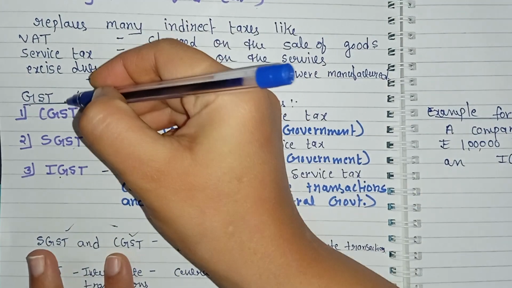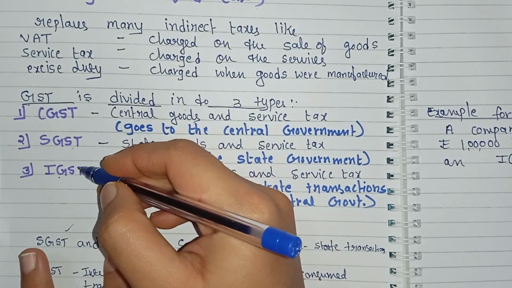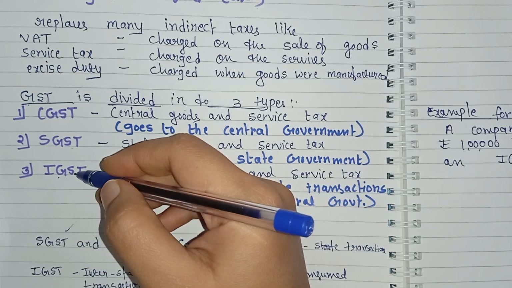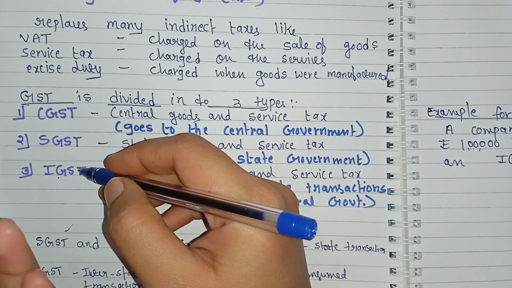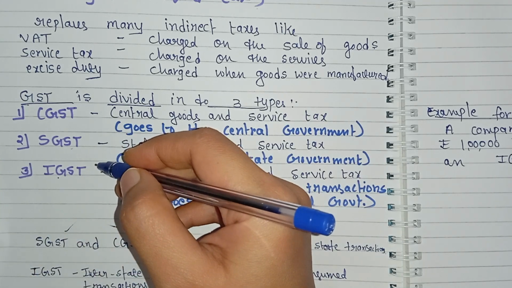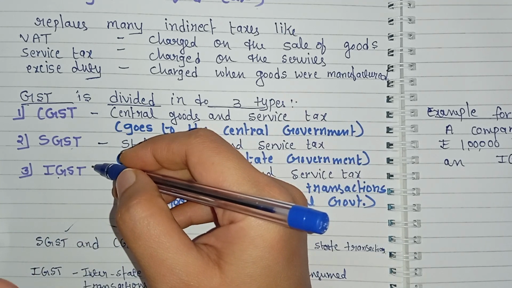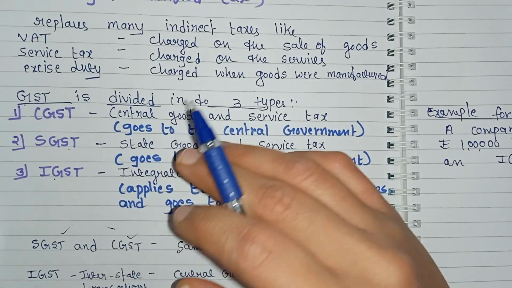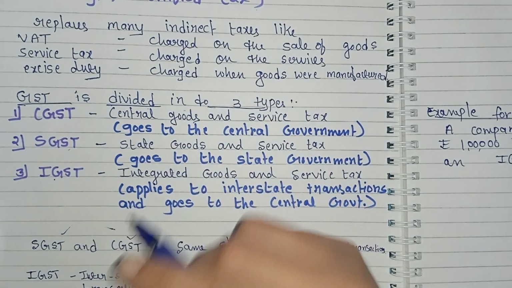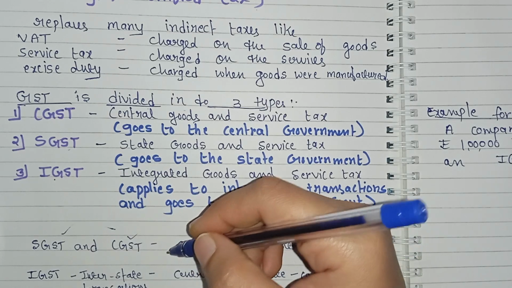And in CGST and SGST, the supplier and the recipient of goods and services are located in the same state. If they are located in different states, then IGST is applicable, meaning interstate transactions.